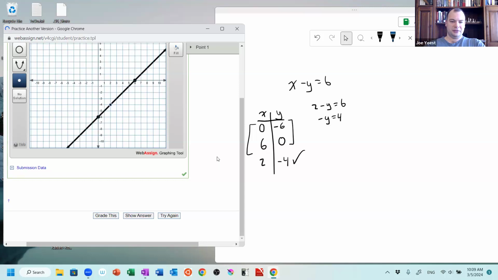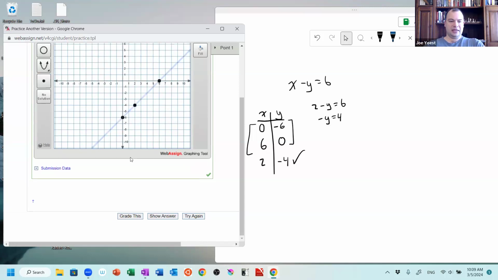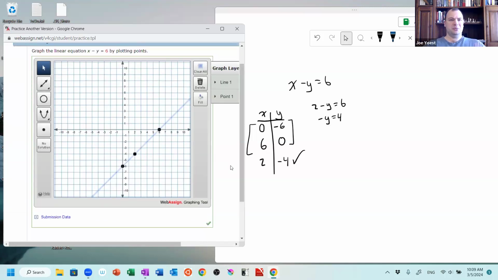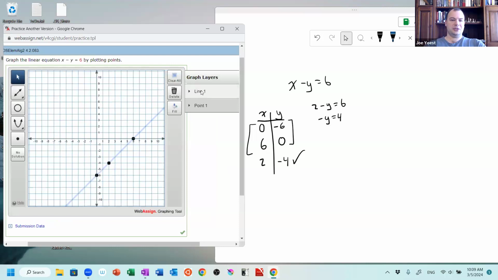Yeah, it looks like it's still happy with that. But the more extraneous stuff that you plot, the more likely it is that you're going to make an error. So I would recommend just keeping it to just the line that you want to plot, and then having a third point that you kind of check. And I wouldn't even plot the third point, just because if you do plot it and it's a little off, that's just one more thing that can go wrong.